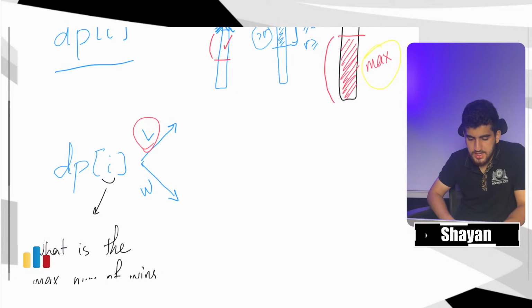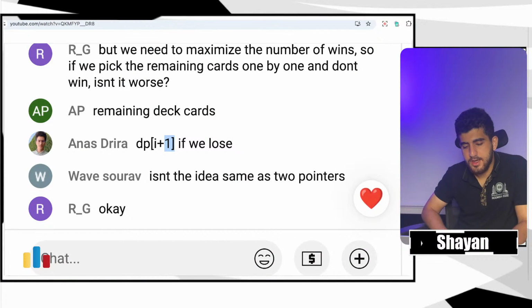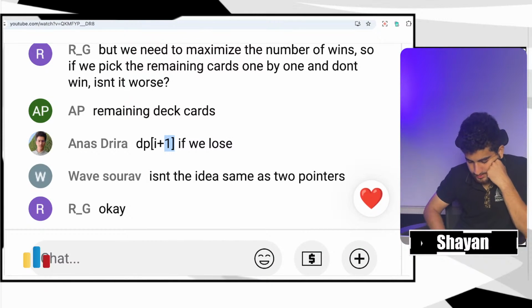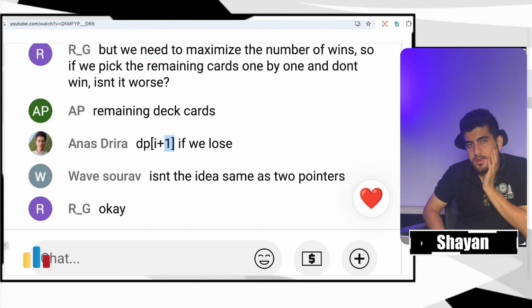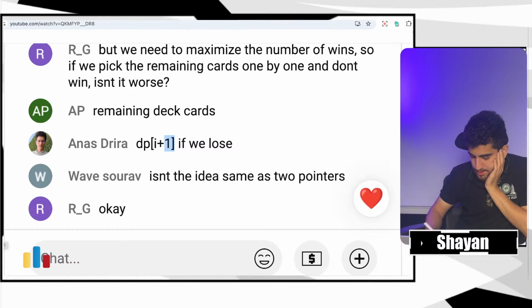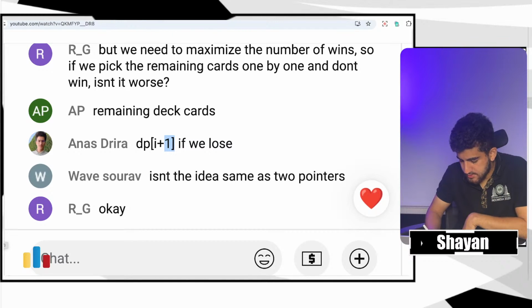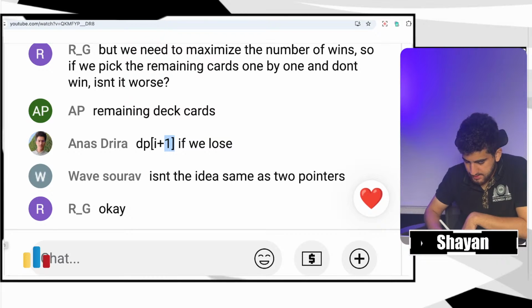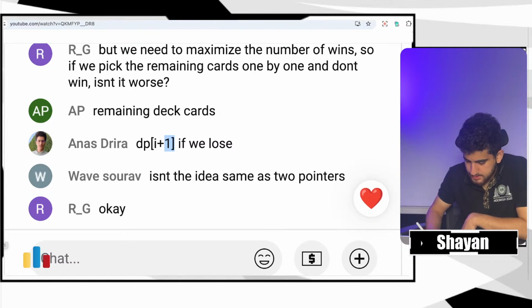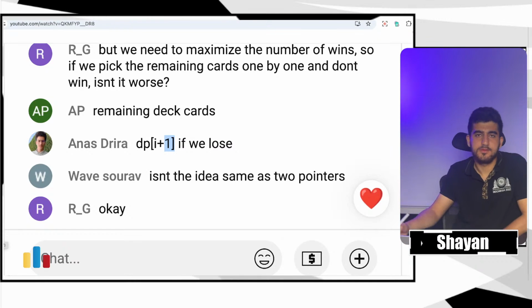So if we lose the first round, how can we update dp of I? It will be updated from dp of I minus 1, right? Because we said that if we're going to lose, we just take out one element from the top. So we just delete one element from the top, and now I minus 1 cards are left.